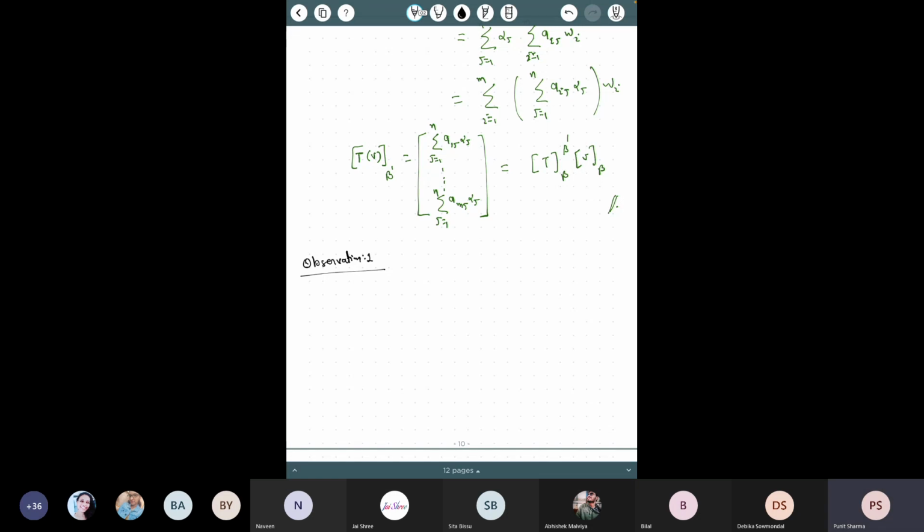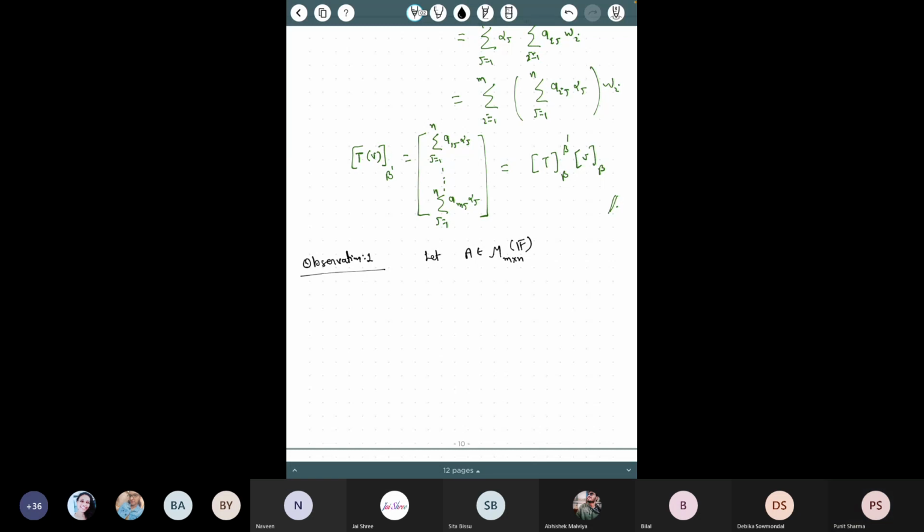All right. Now I want to show that if we have a matrix, then also we can find a linear transformation in some way. For example, let us start with this easy observation. So suppose that we have a matrix, let's say A, over the field F of size m cross n.